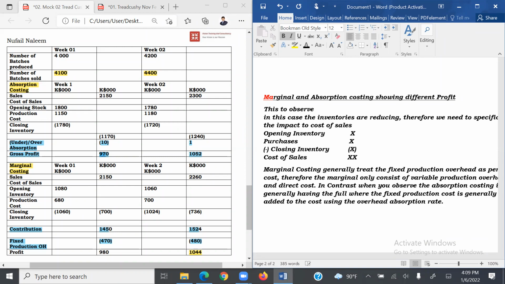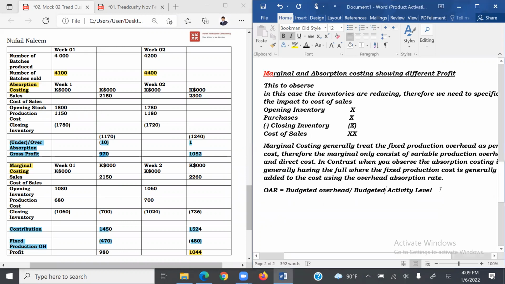Now students, I will just write down here, OAR equals budgeted overhead divided by budgeted activity level. Students, are you getting that understanding properly? So this is the application. Budgeted overhead divided by budgeted activity level. I believe this is very clear for you here.